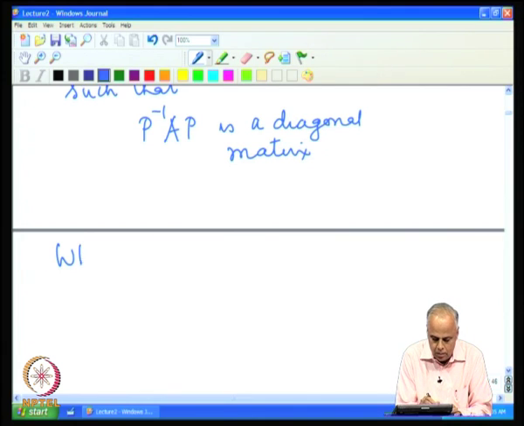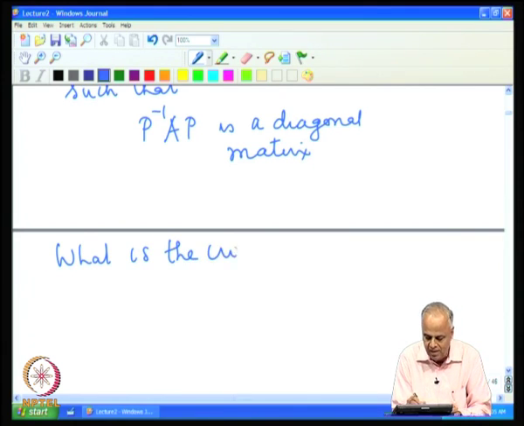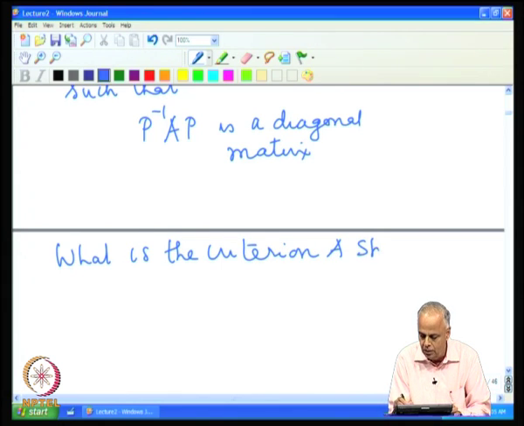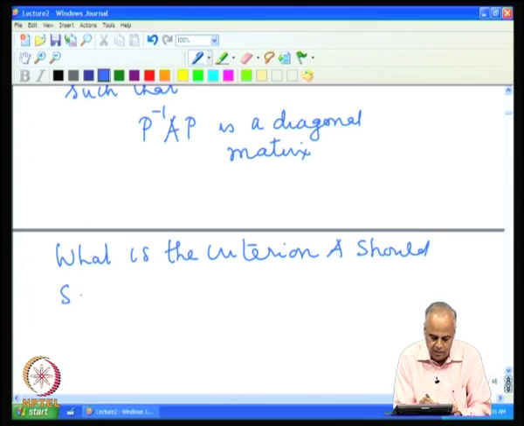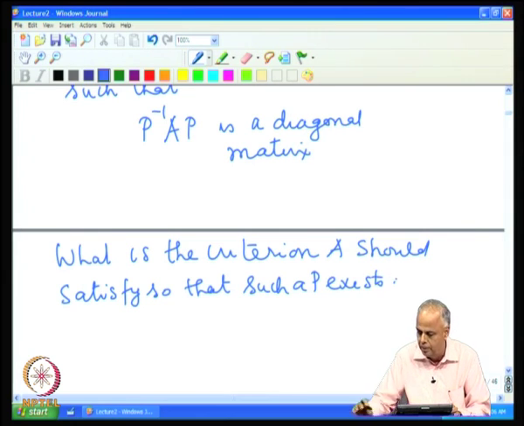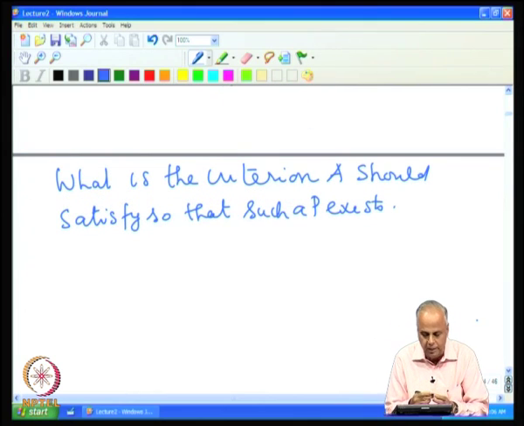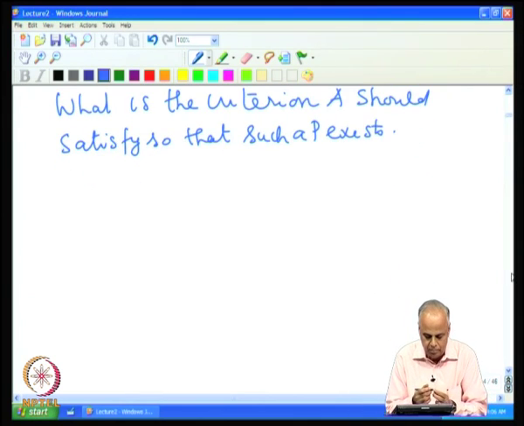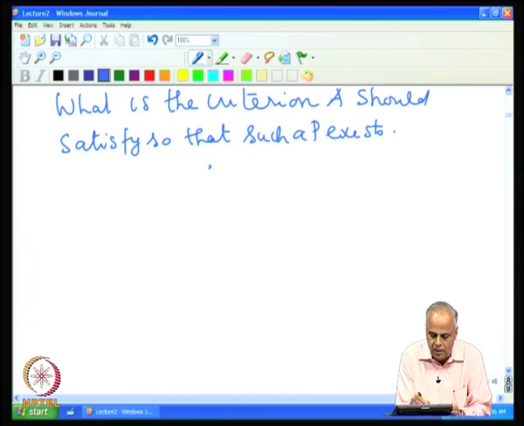what is the criterion A should satisfy so that such a P exists. Let us call this criterion C. So, we will use the symbol C for the criterion.